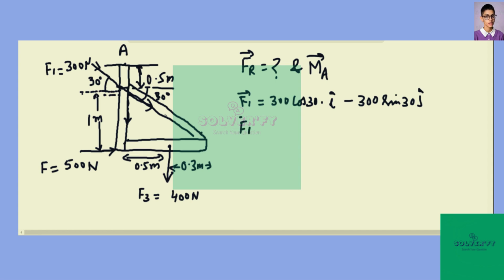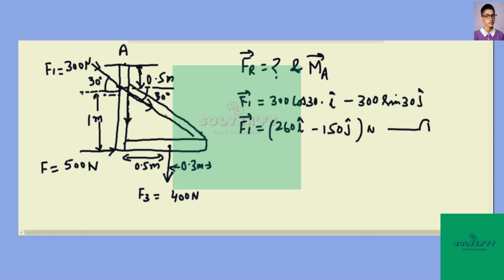When we substitute the values of cos 30 and sin 30, your answer will be 260 i cap minus 150 j cap Newton.